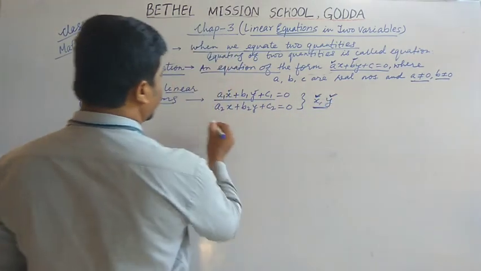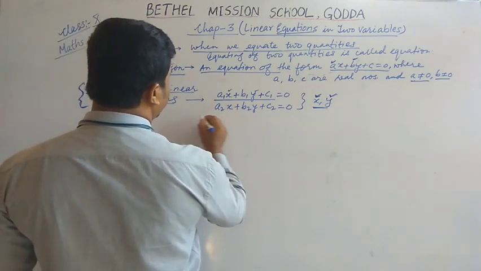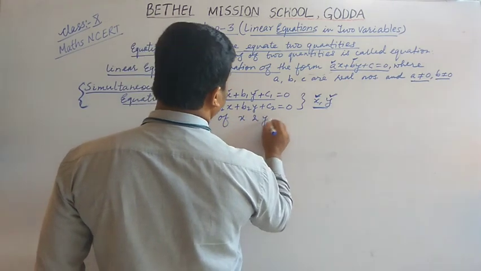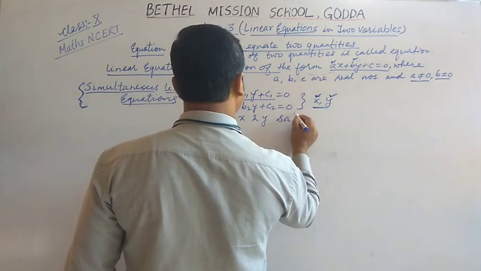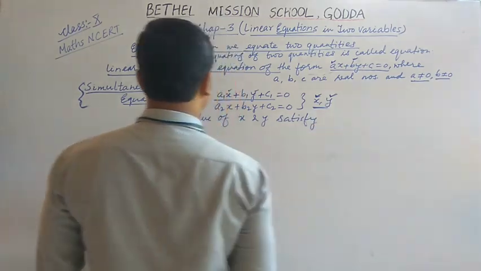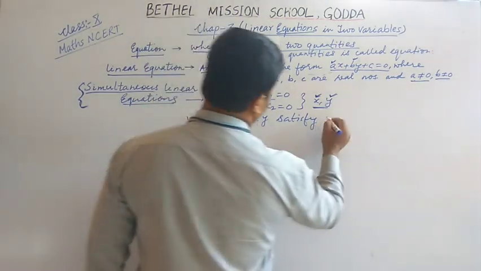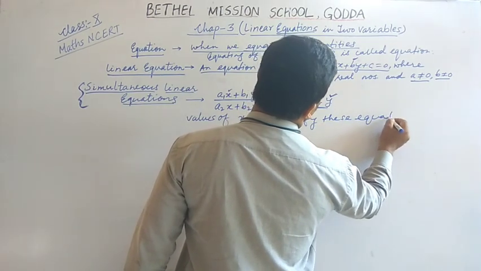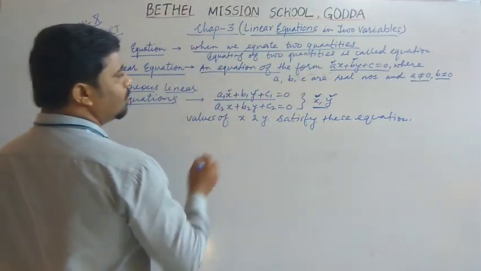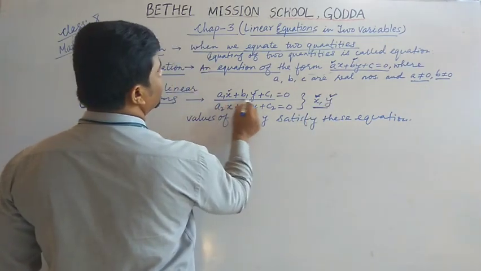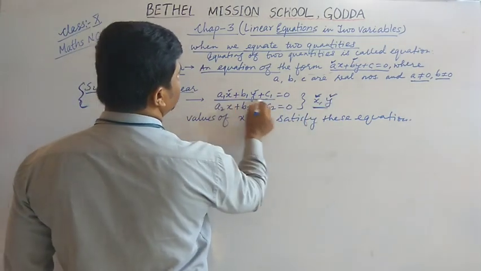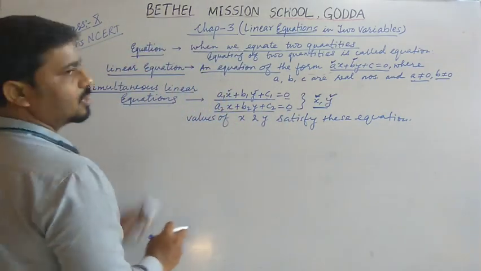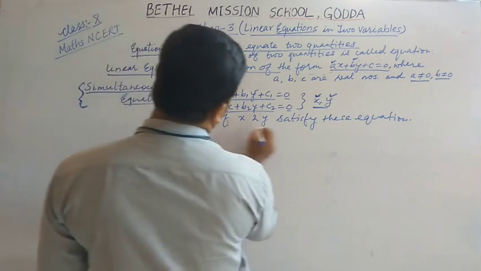Means when you put the value of x and y here, this will be equal to 0 and this also will be equal to 0. It means that it is satisfying the equations.